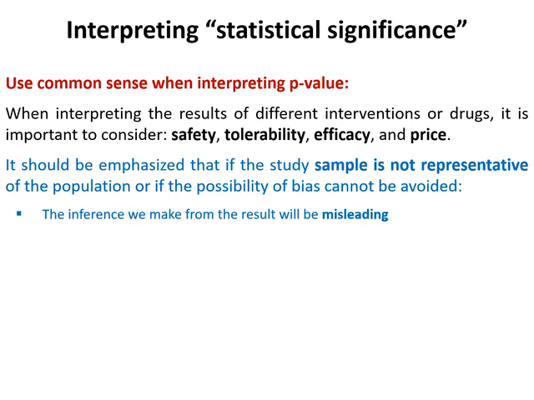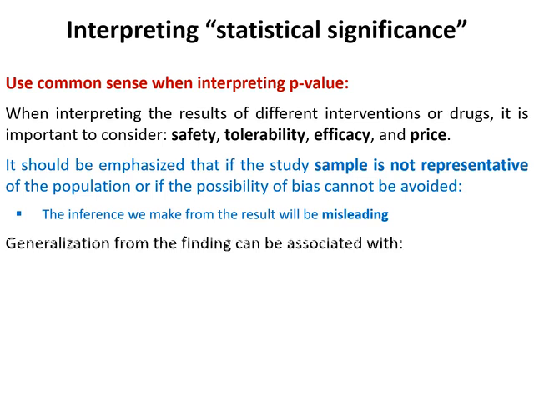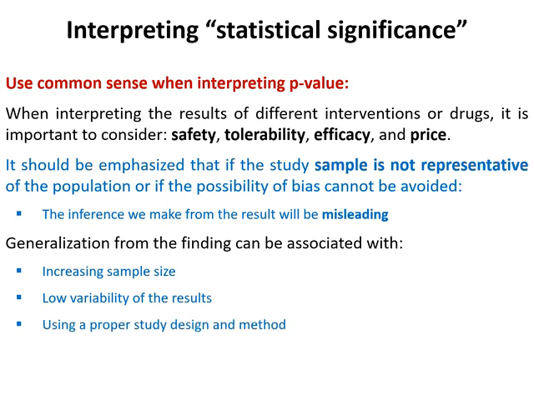If your sample is not representative of the population, all your results are misleading, and the inferences or outcomes from your results will become misleading. Generalization of your findings can be associated with increasing the sample size, low variability of your results, and using a proper study design and method, especially the sample selection.